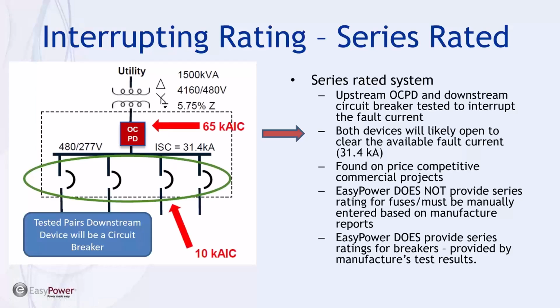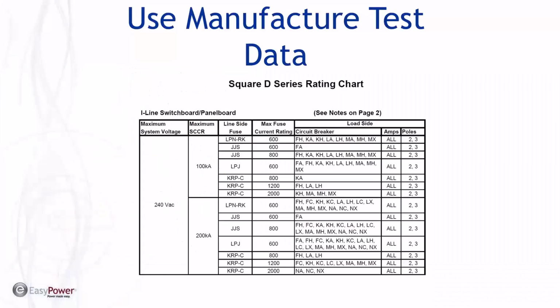Okay, now I say that we can go to series rating, in this case the Square D rating chart for their breakers. They list for a 240 volt system the maximum 100,000 amp rating. If I have a line side fuse that's an LPJ, no more than 600 amps, it will have series protection for these types of breakers, these Square D breakers.